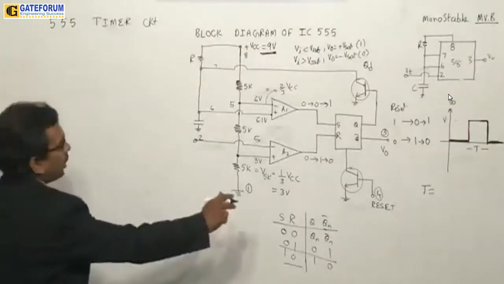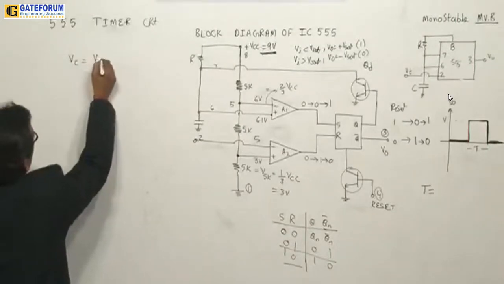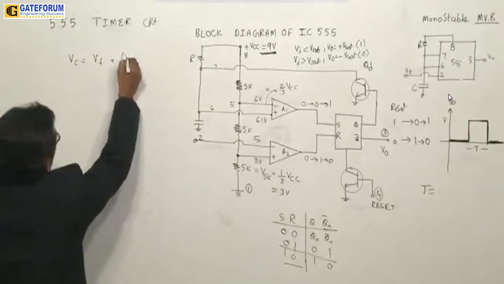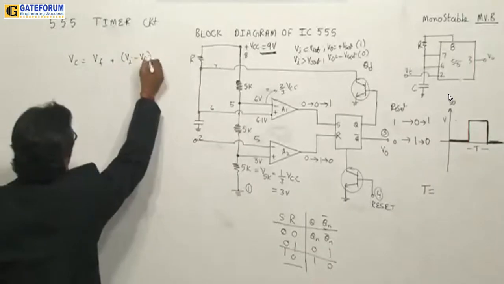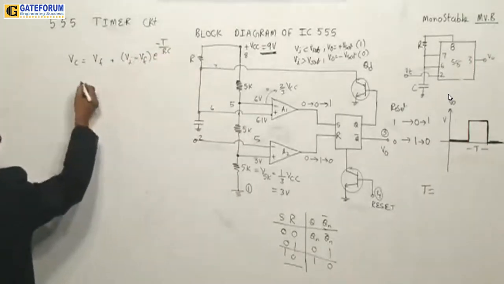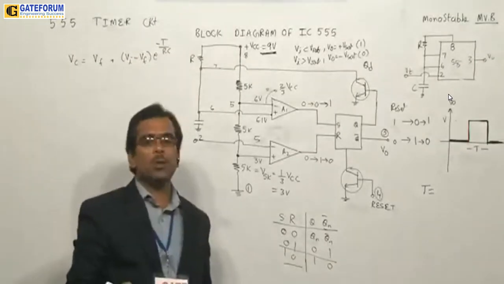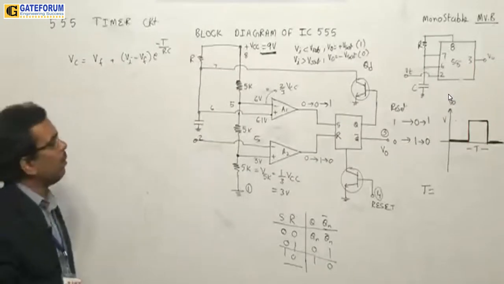Now see here, for the pulse width of this circuit, we have to calculate T. So here also you use the same formula. Vc equals V final plus V initial minus V final, into e power minus t by RC. So there is nothing else here. Now the point is, what is V final? That is the capacitor voltage.